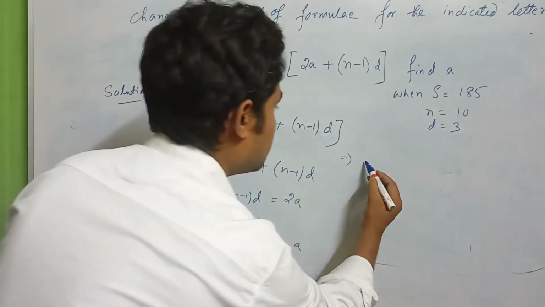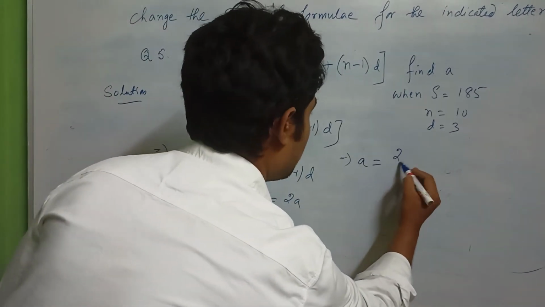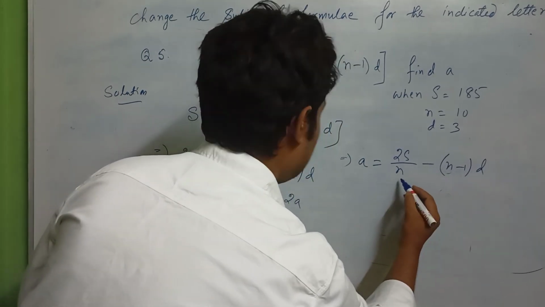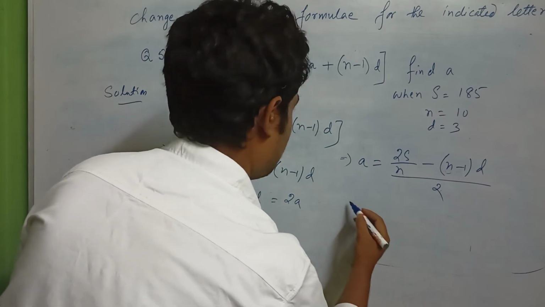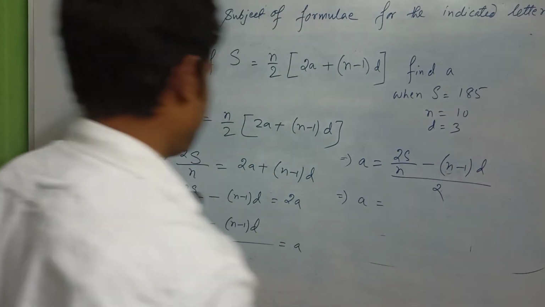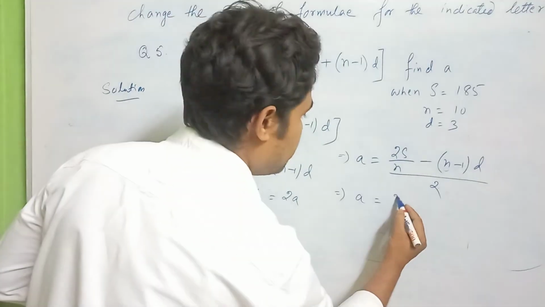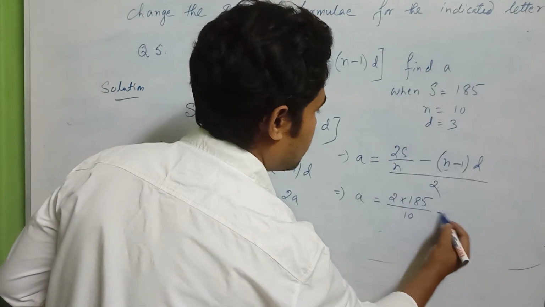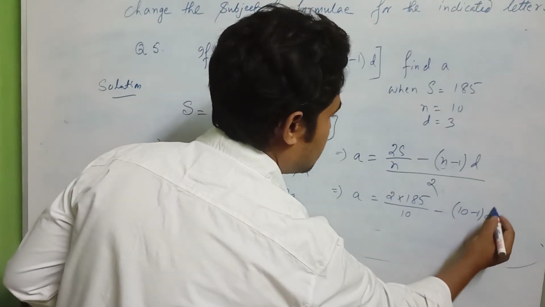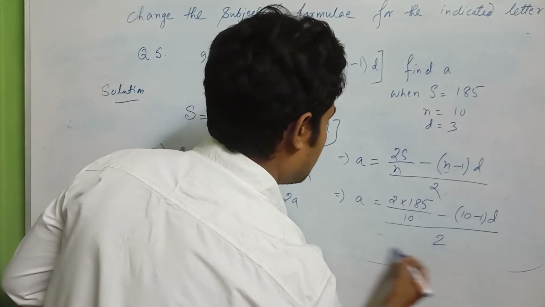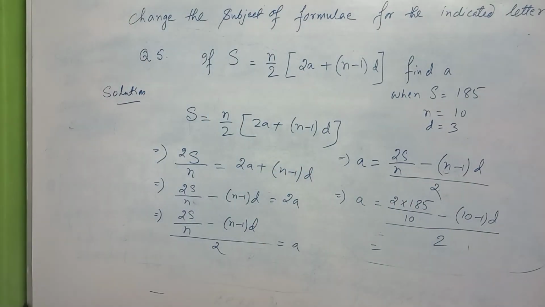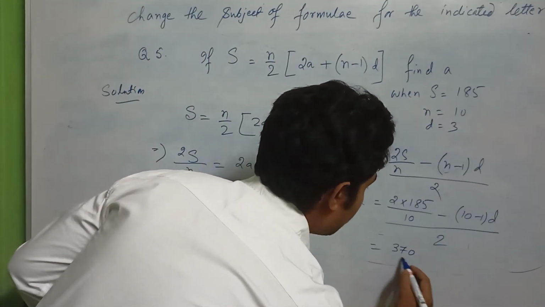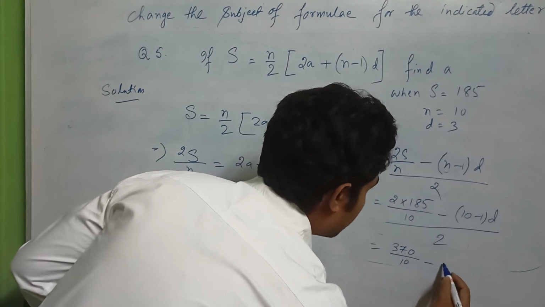Now A equal to 2S by N minus N minus 1 D whole divided by 2, implies A equal to, the value of S is 185, 185 into 2 divided by N, N means 10, here also N means 10, D divided by 2. So 185 into 2 how much? 370. 370 by 10 minus 9.